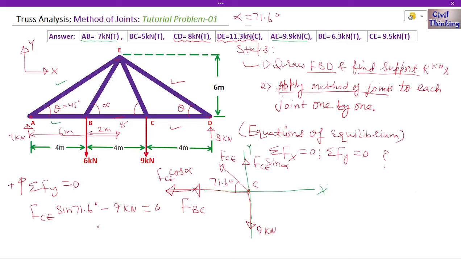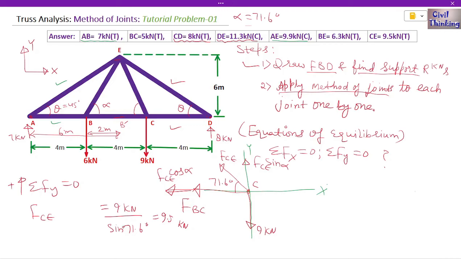So from here FCE is going to be 9 divided by sine of 71.6 degrees, right? This is going to be the value of FCE. Let me use a calculator. 9 divided by sine of 71.6 is approximately 9.5 kilonewton.